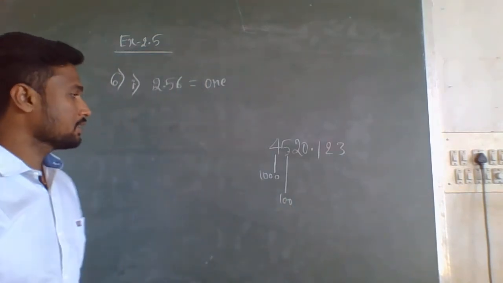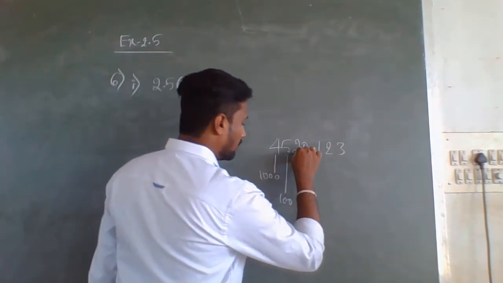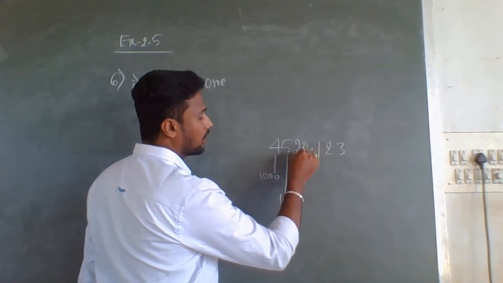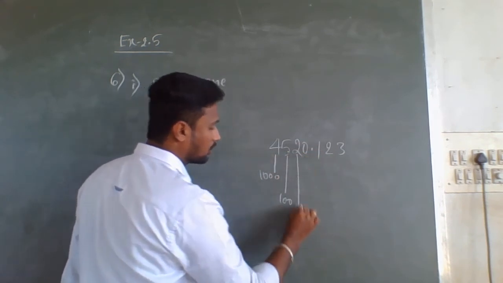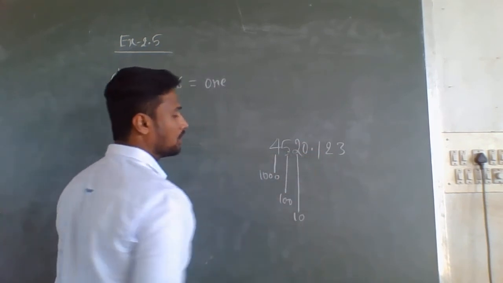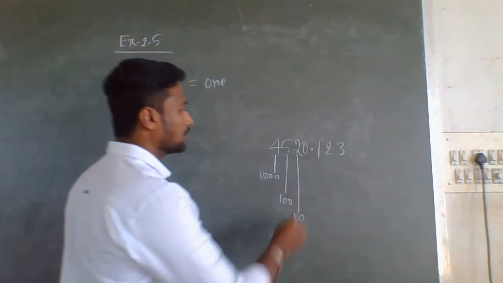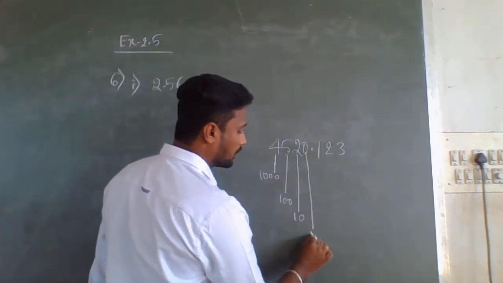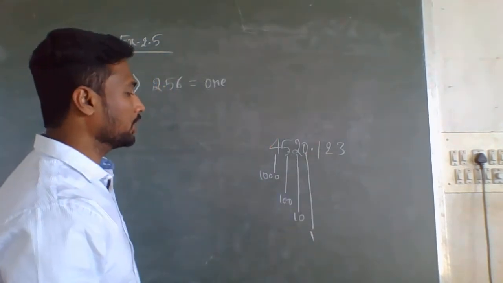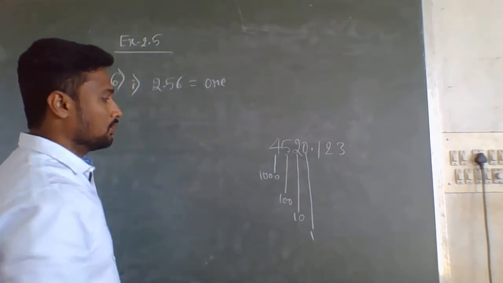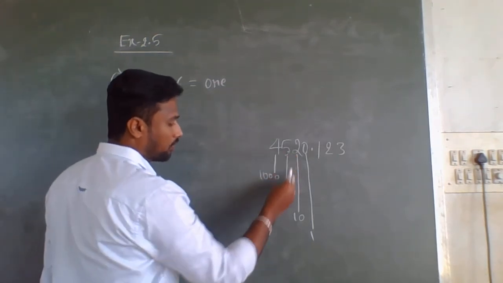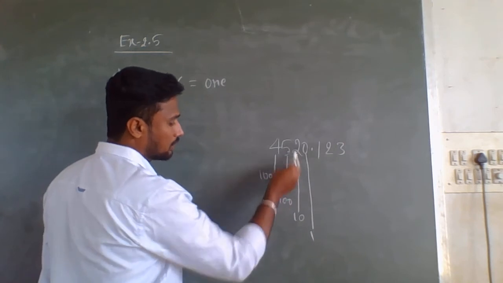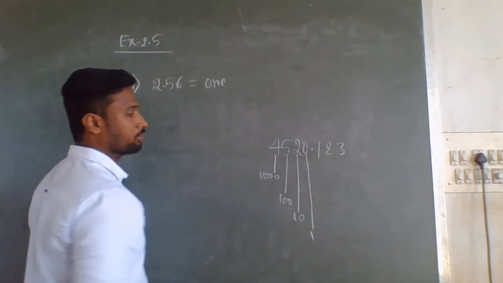Now 4520 means this 2 is at the 10's position. Next this 0 is at the 1's position. First 1000, after that 100's position, next 10's position, next 1's position.